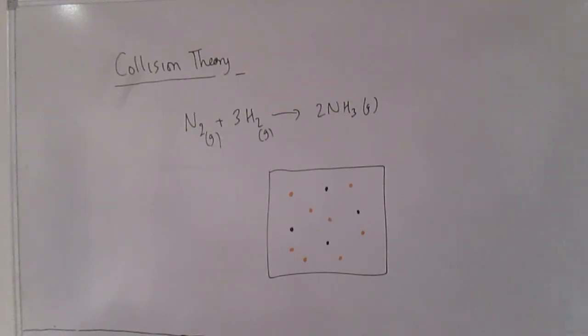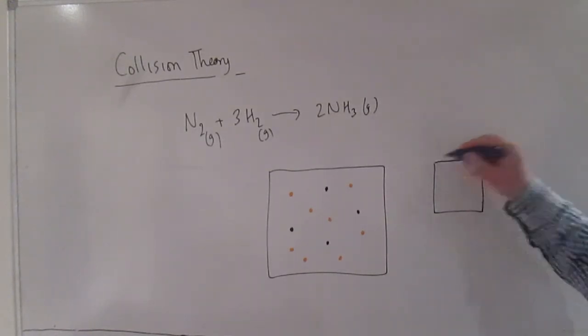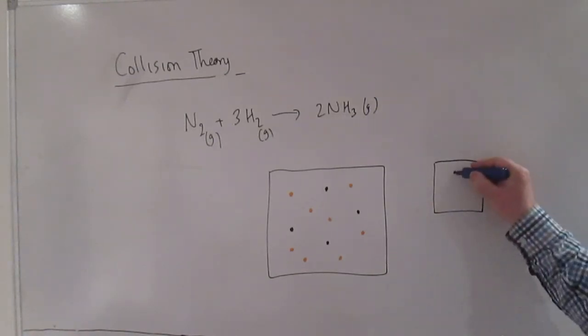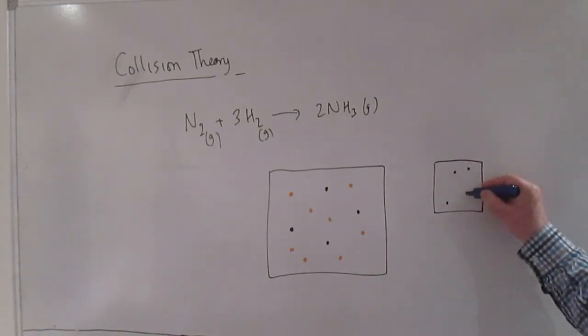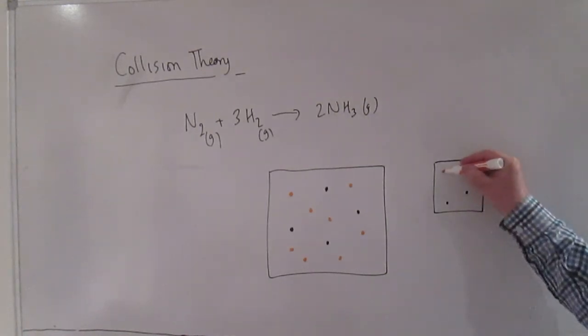And then, and only then, can a reaction take place, but it will only take place if they hit each other hard enough. Now you can see that if we took that same number of molecules and put them in a smaller box, so if we now do the same thing and just randomly put in some nitrogen molecules and some hydrogen molecules.